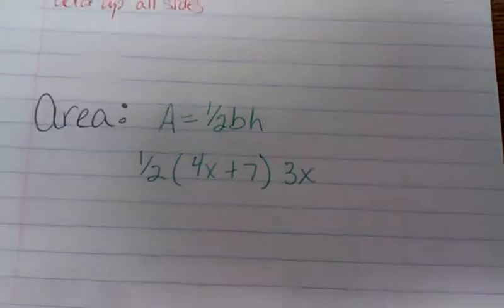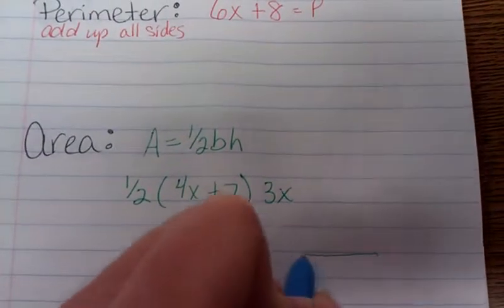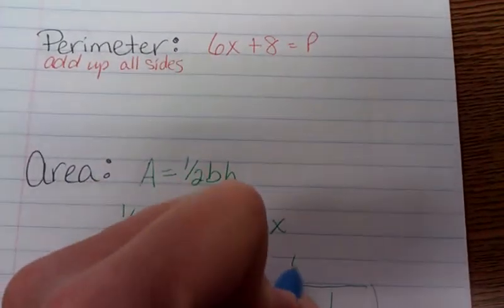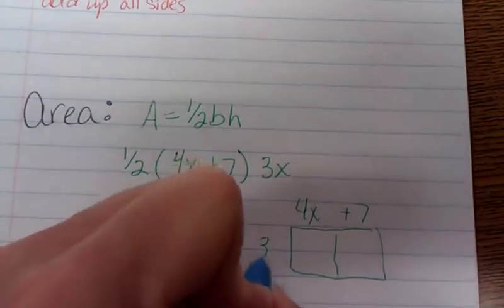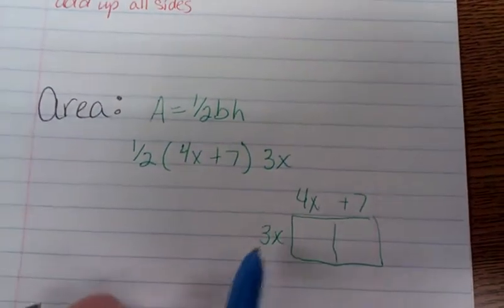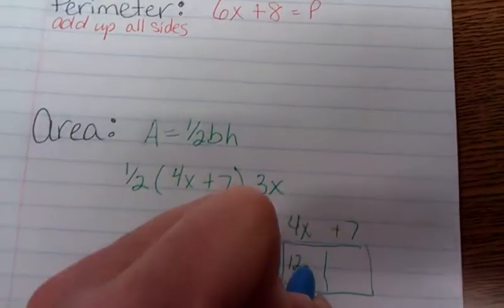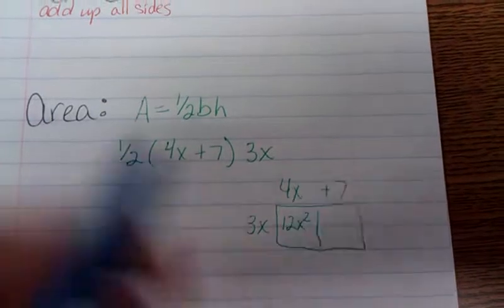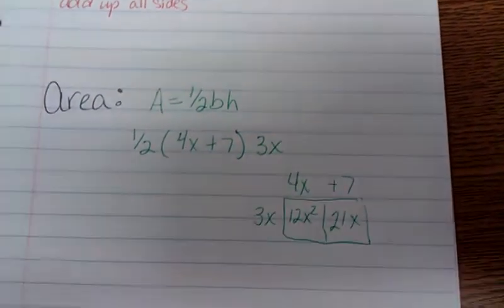Now I'm going to use the box method and multiply these two. So I have 4x plus 7, and then I put the 3x here. Well, 3 times 4, that's 12. x and x is x squared. Now I have 3 times 7, which is 21, and then an x.